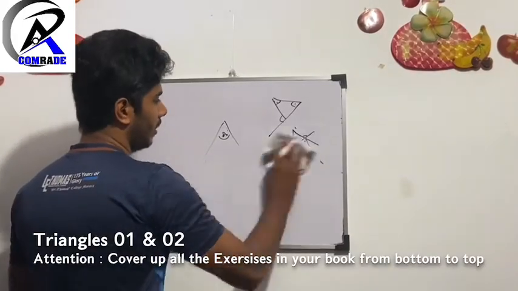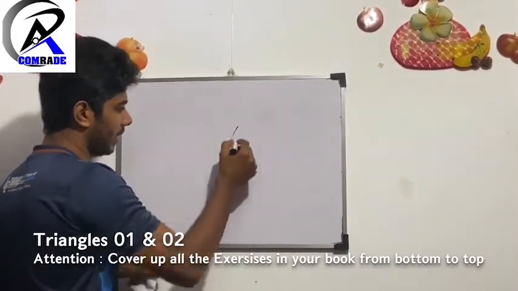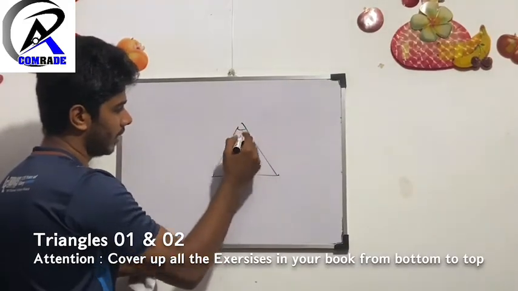Next one you already know, right? Sum of the interior angles of a triangle is 180.